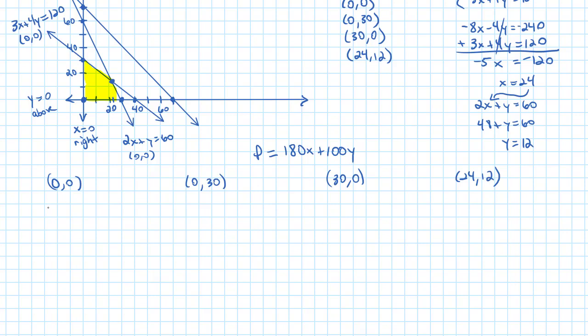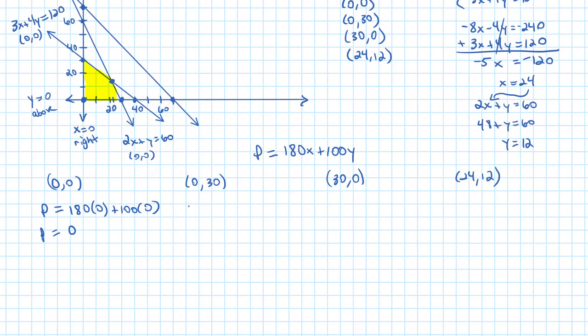So if I plug 0, 0 into that, I can see that p equals 180 times 0 plus 100 times 0. So that means, remember what x is. X is the acres of soybean and y is the acres of wheat. So that means if I have 0 acres of each, then I'm going to profit 0.